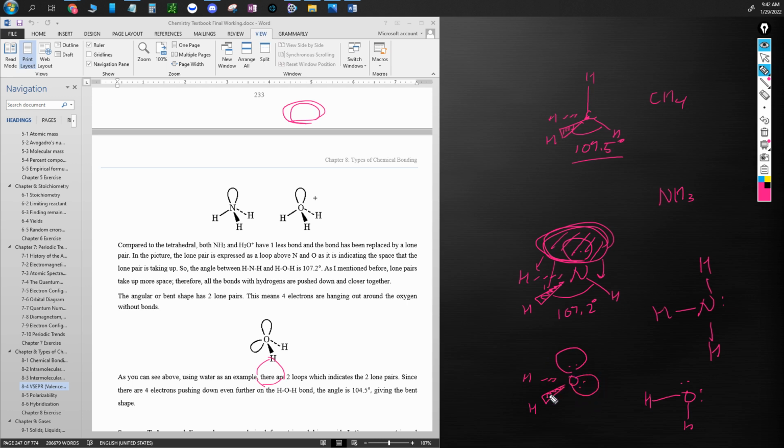Now when we look at water, H2O, a lot of people tend to draw it like this. Which is not really wrong when it comes to Lewis structure, but if you want to indicate what the shape is supposed to be in terms of chemistry, you want to draw it this way, because that shows us this bending part, right? We call this bent. Actually, I forgot to mention the name of this. This is a trigonal pyramidal.